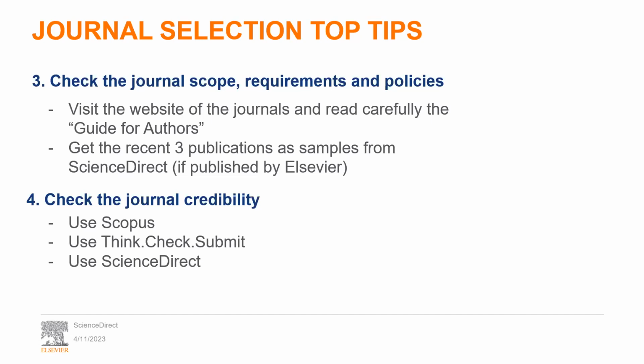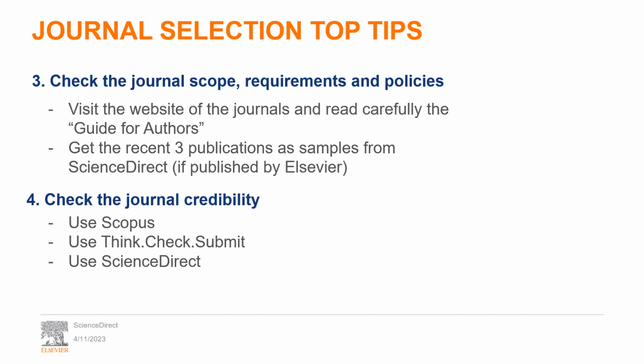The final tip here is to check the journal credibility, just to avoid being stuck in a predatory journal, avoid having a fake journal. So I need to use Scopus. I need to search for that particular journal in the Scopus database.